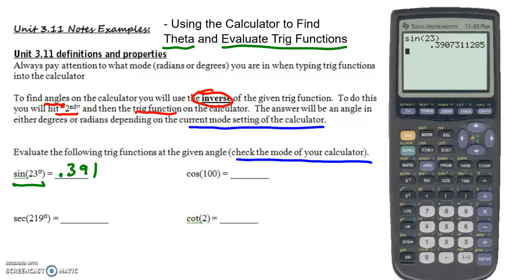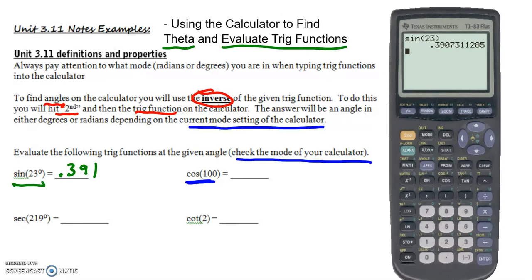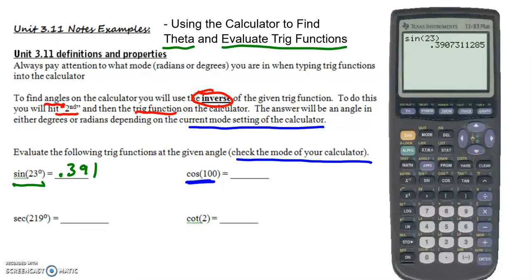Now if I move to the second example here, cosine of 100, notice that the 100 does not have a degree symbol, which means that I am assuming that it is in radians. So fortunately or unfortunately, that means I need to change the mode in my calculator. You go back to the mode menu, but this time when you're scrolling down, please make sure that radian is highlighted, and when it is, press clear.